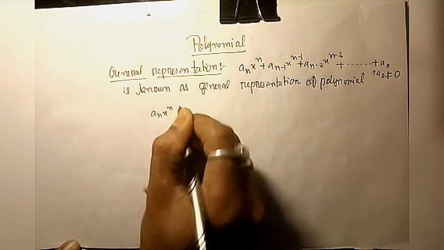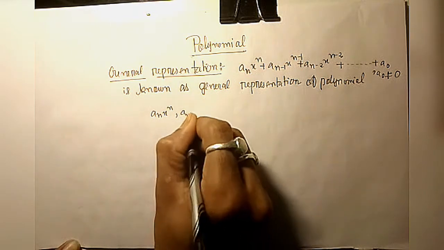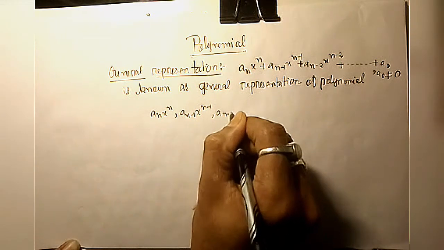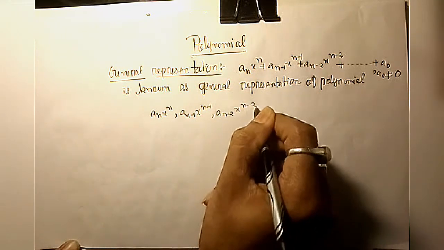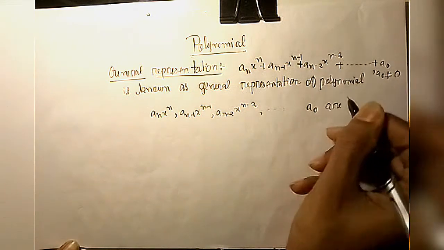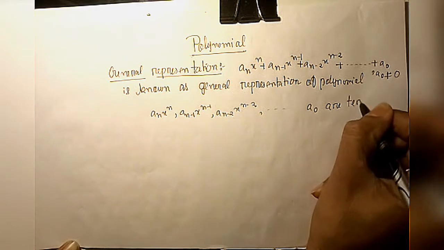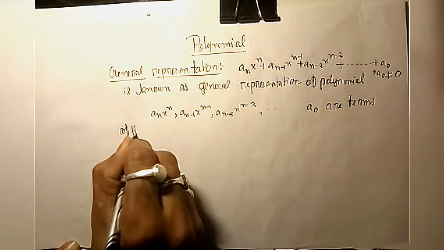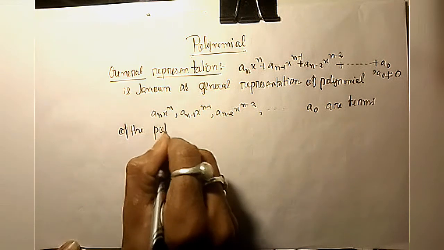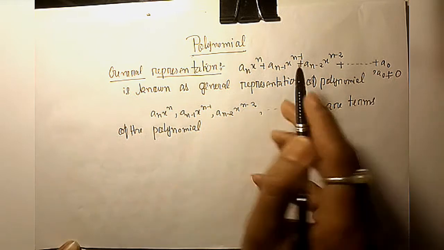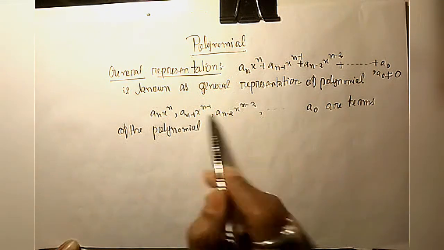In this general representation, we can divide it into the terms and the coefficients. So a_n x to the power n, a_(n-1) x to the power n minus 1, up to a_0 are the terms of the given polynomial. We have already learned how to find the terms in class 8.